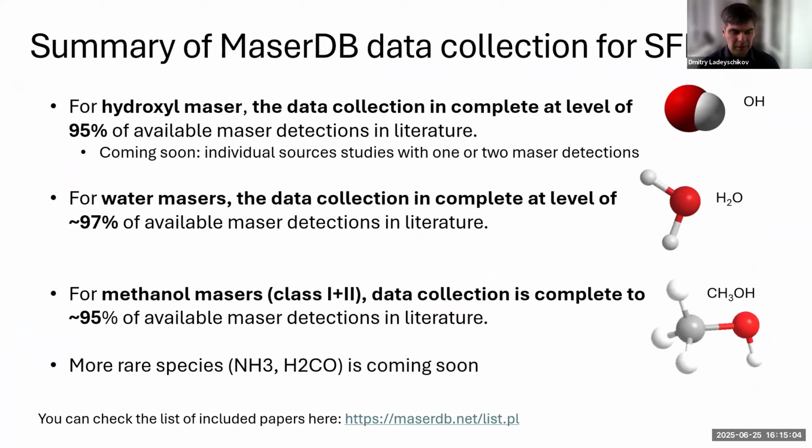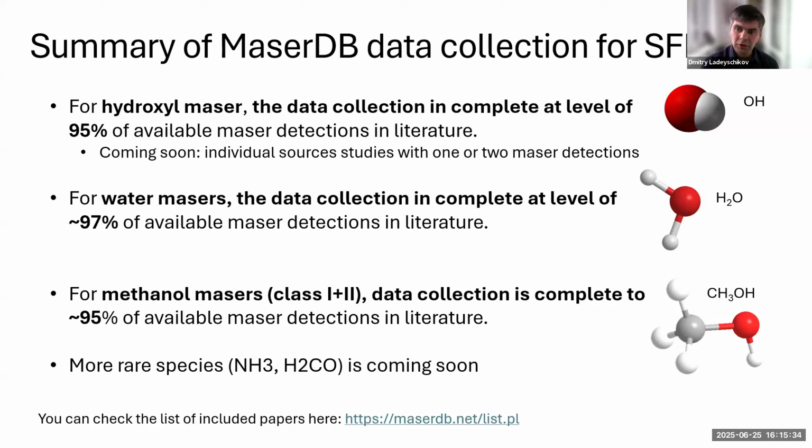So at present, the MaserDB database contains information on all common masers in star-forming regions, including water, methanol, and OH. More rare species like ammonia and formaldehyde are also included, but not completely. But common species are included at the level of 95% in terms of the ratio of included detections to all detections in the literature.